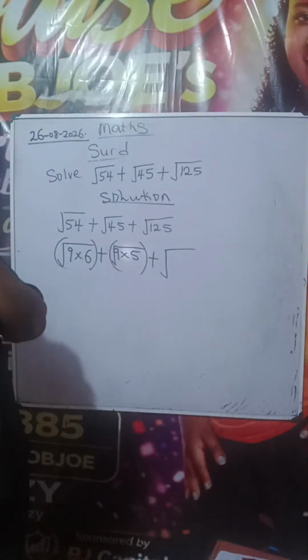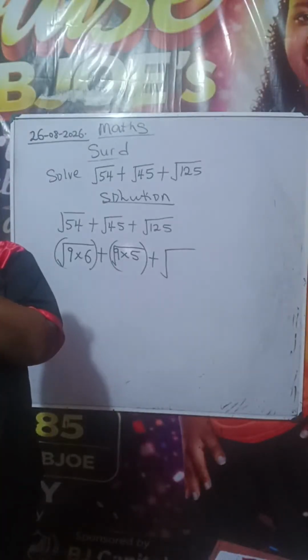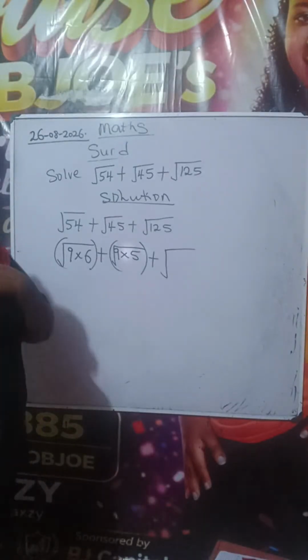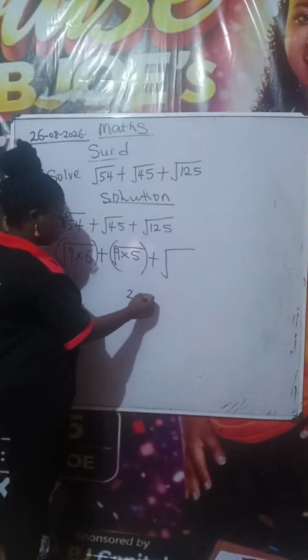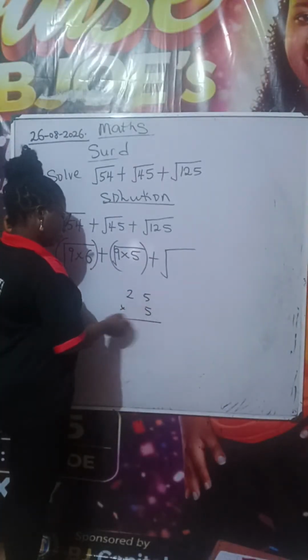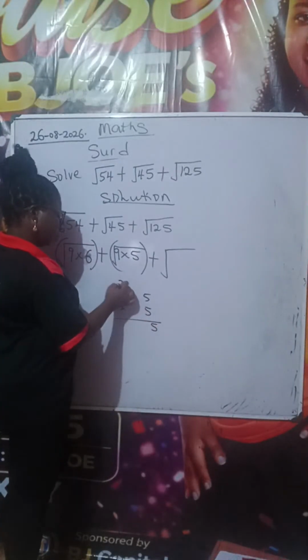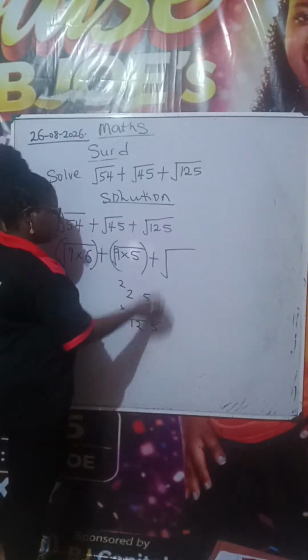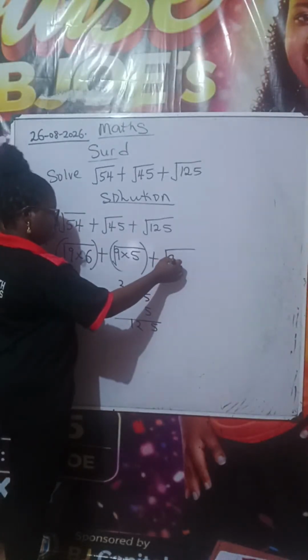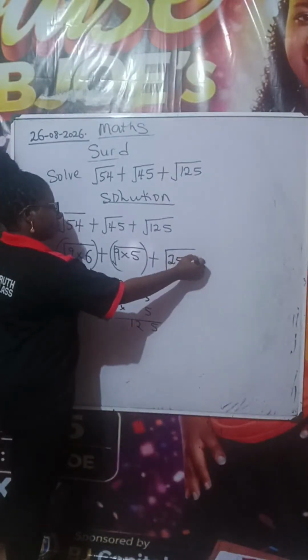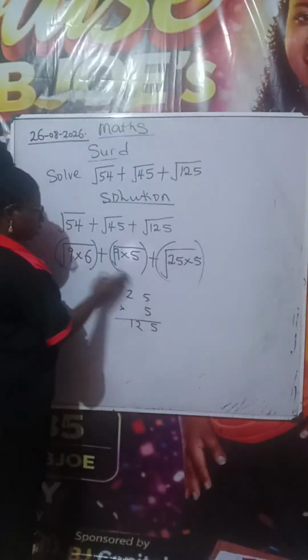No, it will not work. I think it's going to be 5 times 25. Should we confirm it? 25 times 5. So we have gotten this.